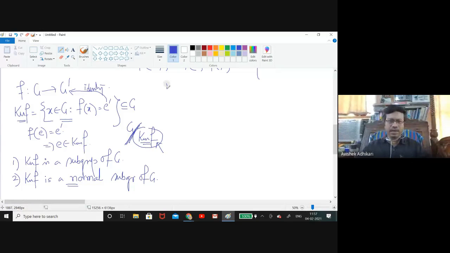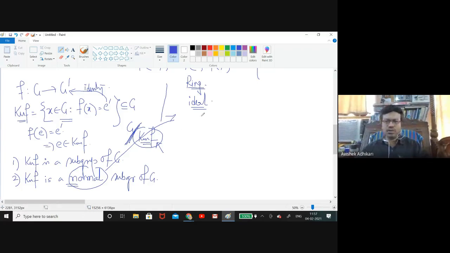Similarly, in case of ring, as I mentioned in my last class, the similar idea to normal subgroup is the idea of ideal. This is the corresponding idea of normal subgroup in case of group, and in case of ring, this is ideal.